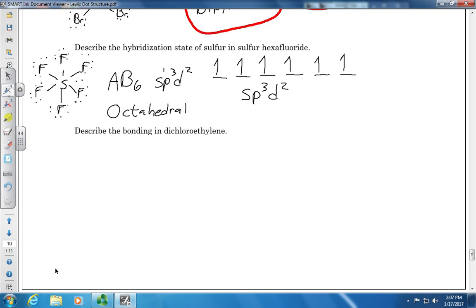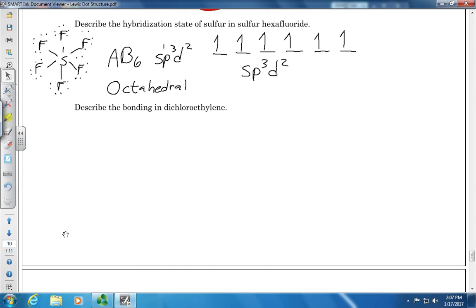Let's look at the bonding of something a little trickier, dichloroethylene. Now, this is something that occurs more in organic chemistry, but it's good to get used to the nomenclature now. This is a rather generic term, but it can form in several different conformations. But we're just going to focus on one today. I'm going to choose it at random.